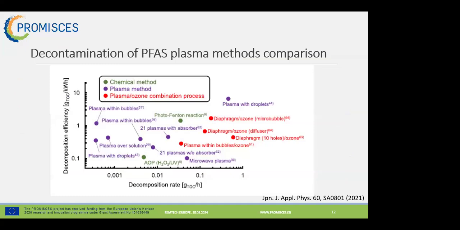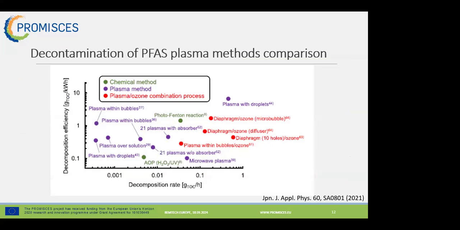But going to the PFAS, the situation is quite different. And here is the comparison from another work, not ours, of different plasma methods for PFAS decontamination and other chemical and ozonation methods.